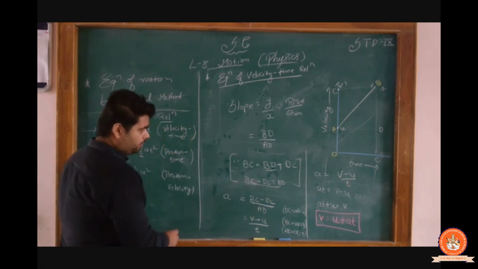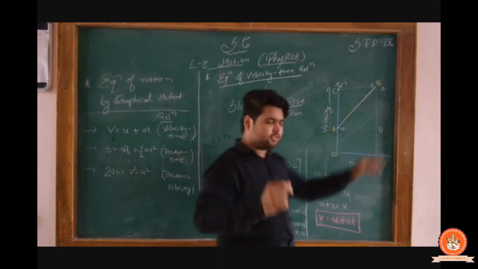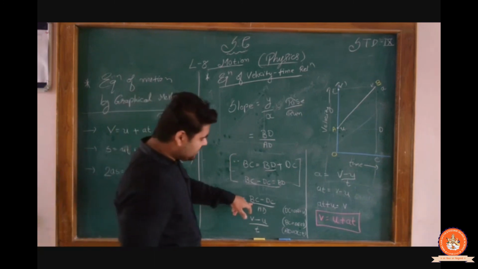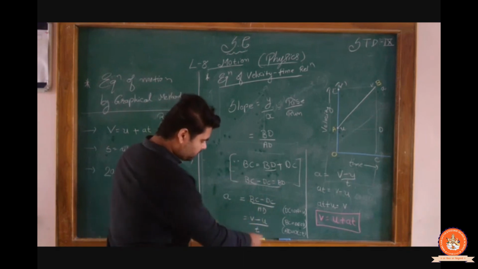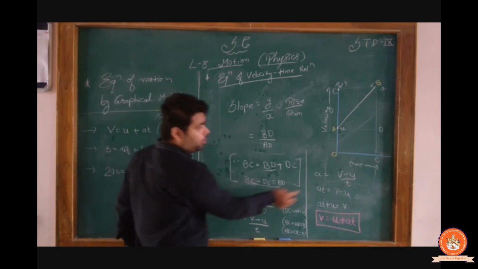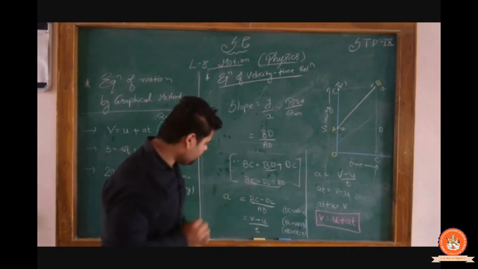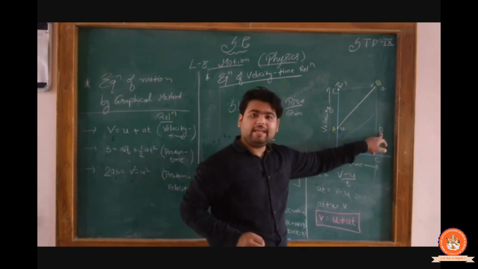Clear? Now we know very well that the slope indicates acceleration. So the symbol of acceleration, a, equals BC minus DC, which comes from here. Now BC is the final velocity. Clear? And DC is the initial velocity.